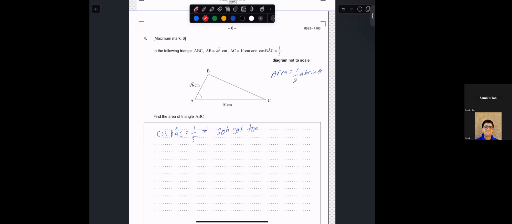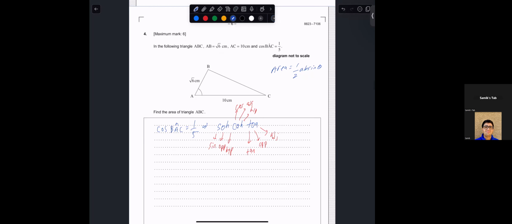Sine is opposite over hypotenuse. For cosine, we have adjacent over hypotenuse. And for tangent, it's opposite over adjacent.